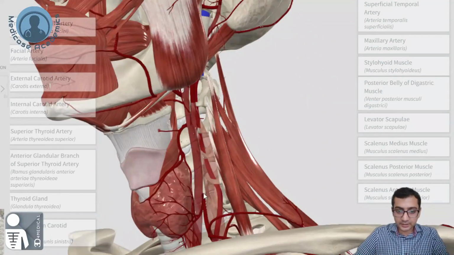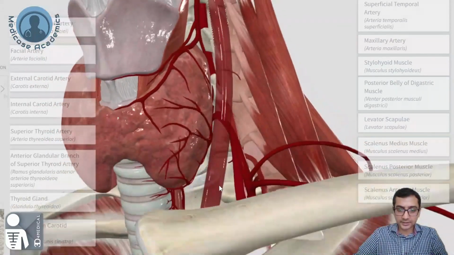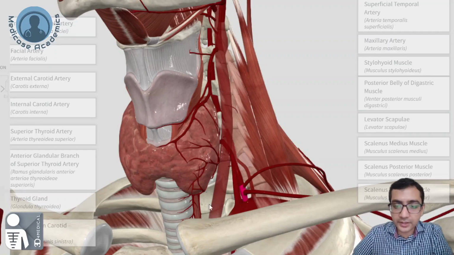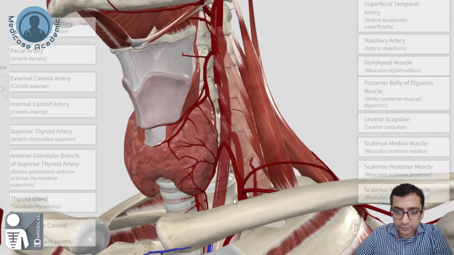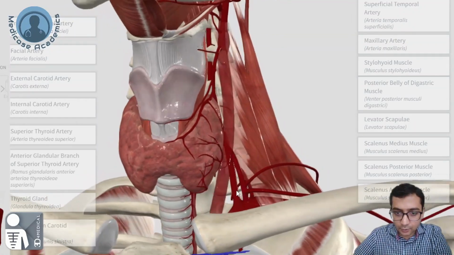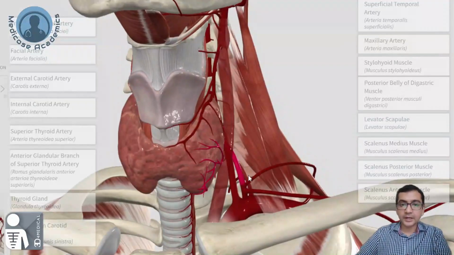Let's look at the other structures coming from here. We had this branch, the thyrocervical trunk. It is very small, maybe a centimeter or a little more, and it has a very important branch that goes above, the inferior thyroid artery. It is like a loop.